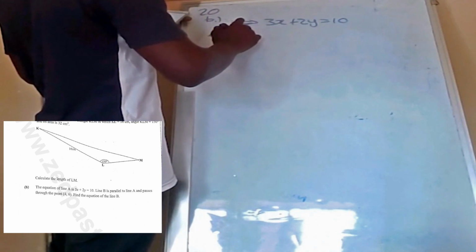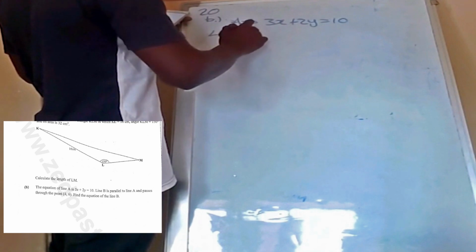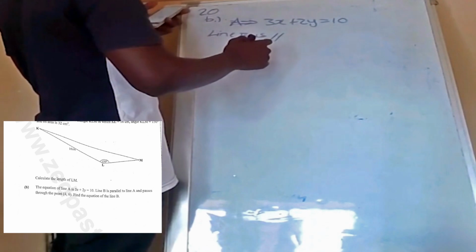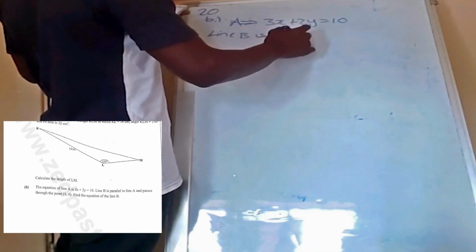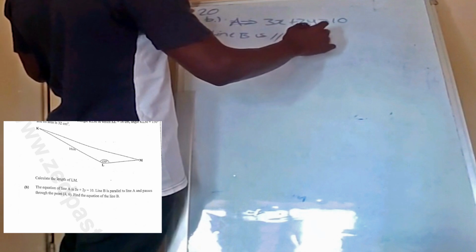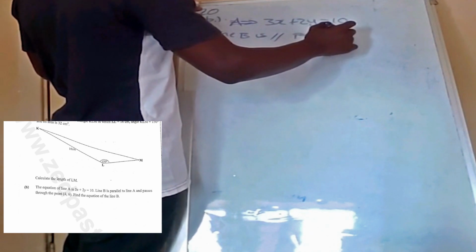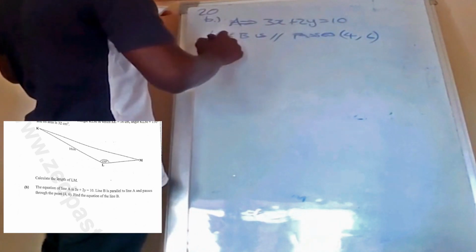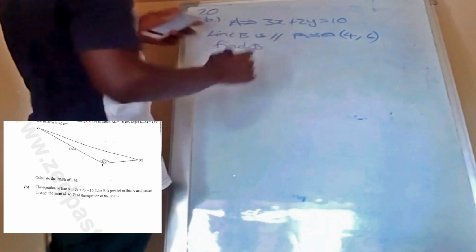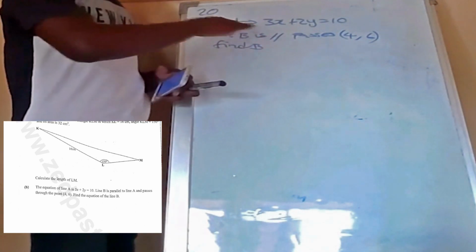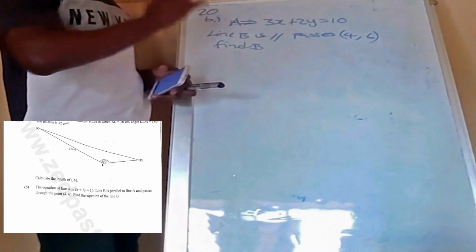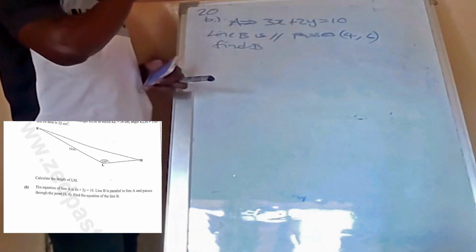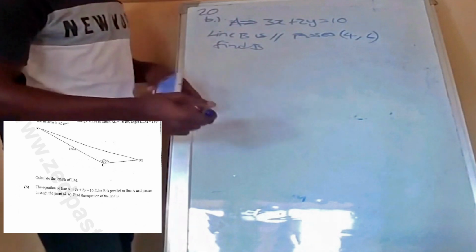Line B is parallel and passes through (4, 6). Find line B. Okay, so given the equation of line A, we're given that line B is parallel to line A and it passes through those points. We're asked to find line B.